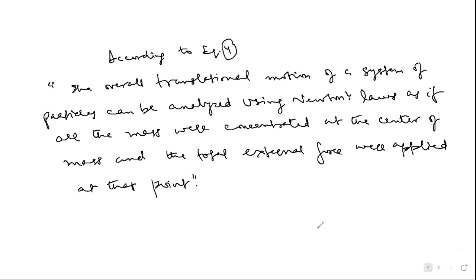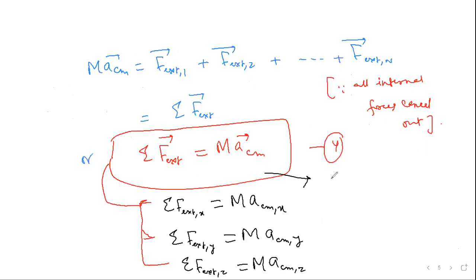This equation 4 justifies the definition of center of mass, that it is a spatial point in a system of particles which behaves like a point mass of mass equal to total mass of the system under the action of external forces, because in this equation acceleration is of center of mass, m is of the mass of total system, and external force acts on the center of mass, right?